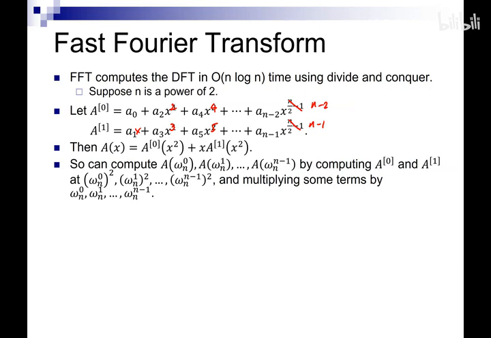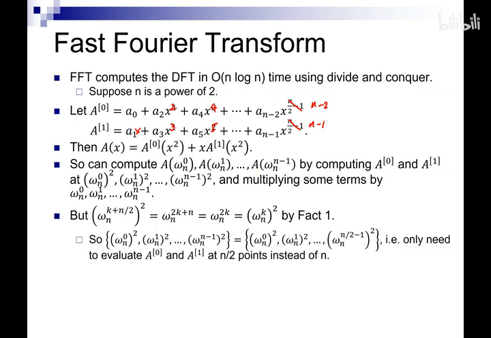So this just involves computing A0 at all of these squared roots of unity. And then we have to compute A1 at the squares of these roots of unity. And then you also have to take the A1 result and multiply it by these original roots of unity. But if we do that, if we compute at these squared values, then we're going to get A evaluated at all of these original values.